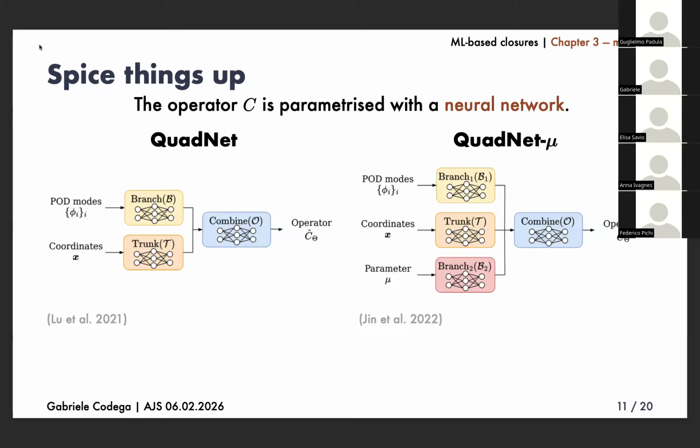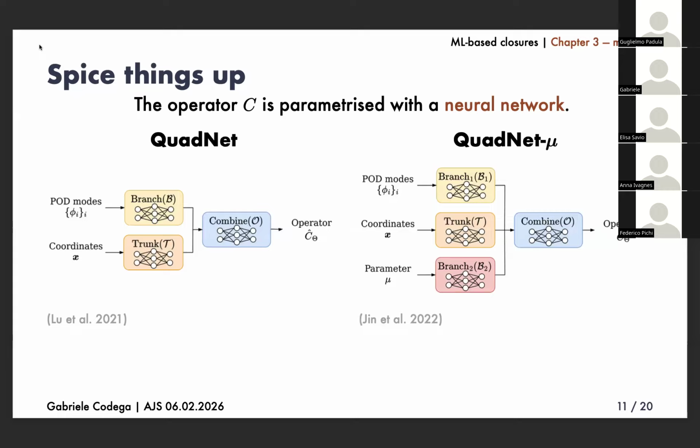This is very handy because, one, you abstract yourself from the original problem discretization. Of course, you still rely on POD, so discretization is still important in here. It's not completely a mesh-free or meshless approach, right? But still, you can, for instance, evaluate your operator in new locations.